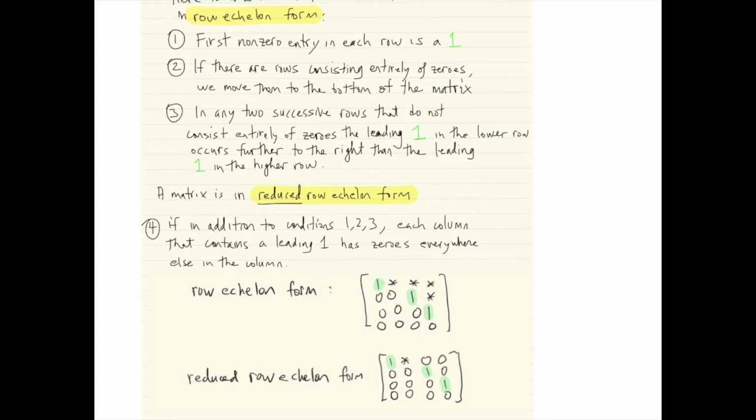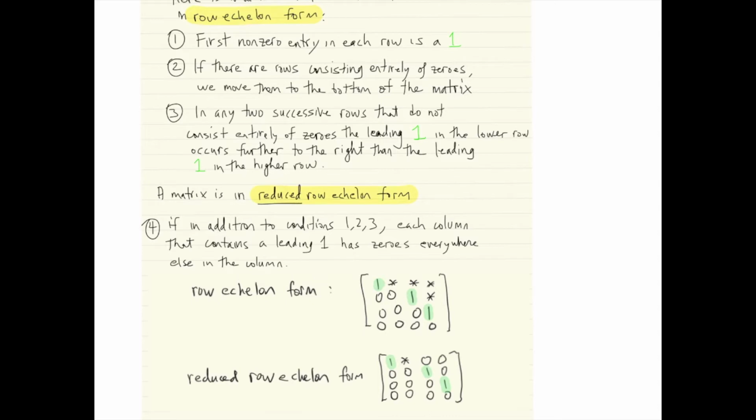Here's an example of a row echelon form that's not in reduced row echelon form, because in this column here, this entry is not a 0. We can make it a 0 by doing an elementary row operation where we subtract off a multiple of this 1 to make this a 0.